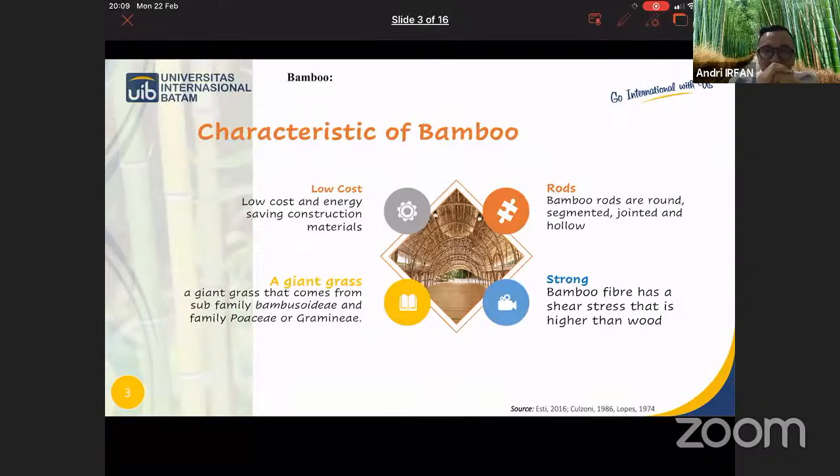One of the characteristics of bamboo is that it is a low-cost and energy-saving construction material.